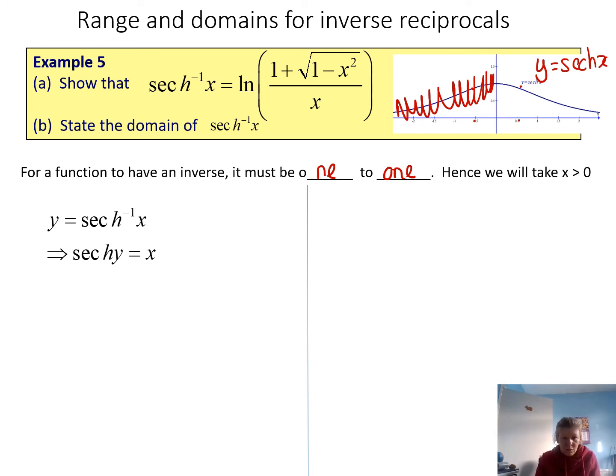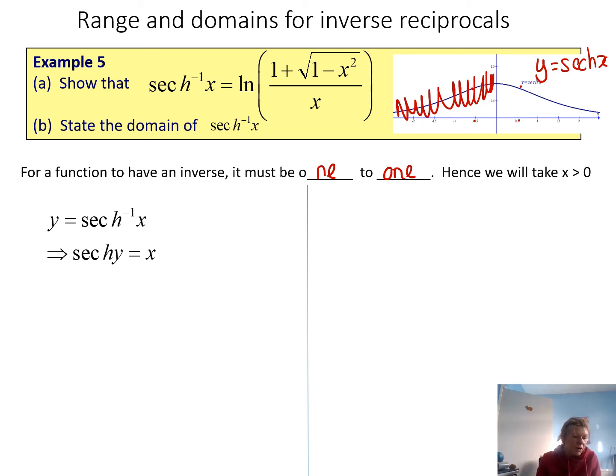So a bit similar to what you've done in AS maths with sinh and cosh inverses. Here you've got y equals sech to the minus 1 of x. Well, take sech of both sides, so you get sech y equals x. Now, you've done sech x before, so we're just going to put a y where we see the x.